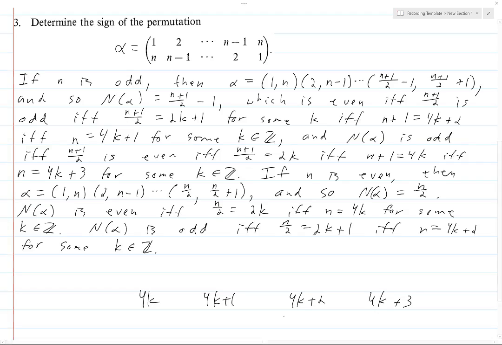So let's go back and review. Let's see here. So if it's 4k, then okay. Let's just start from the beginning. So even is 4k plus 1. So that's even. Odd goes to 4k plus 3.